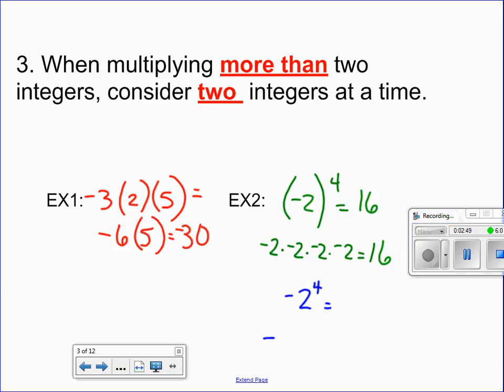So that would be negative 2 times 2 times 2 times 2, because just the number 2 is to the 4th power. So 2 times 2 times 2 times 2 is equal to 16. And since you have a negative in front of that, that means the opposite of 16, which is negative 16. So note the difference when you're using parentheses. It indicates what is actually to the 4th power.